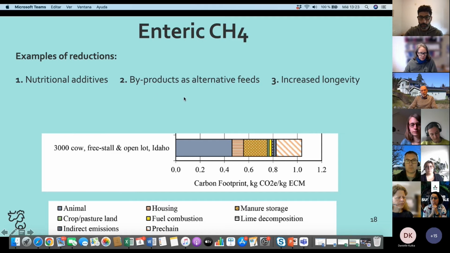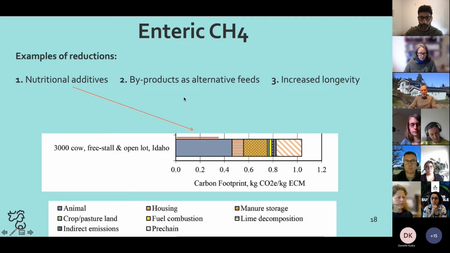So if we do that, for instance, using the recently approved Bovaer 3NOP by DSM, we know that there is a 30% reduction in methane emission, and basically what we're going to do is reduce the carbon footprint, if we don't affect the other ones, by reducing 30% this portion of the emissions.